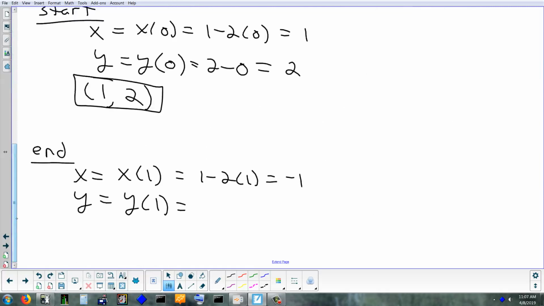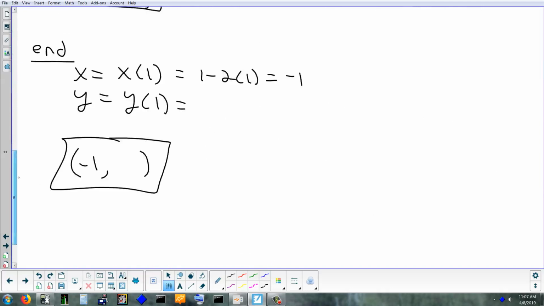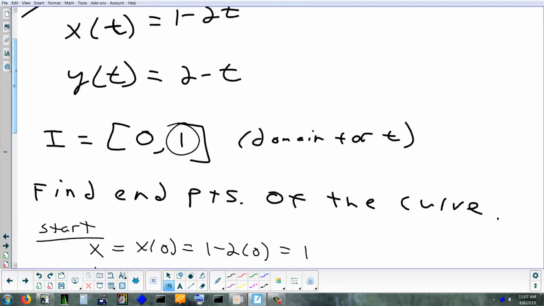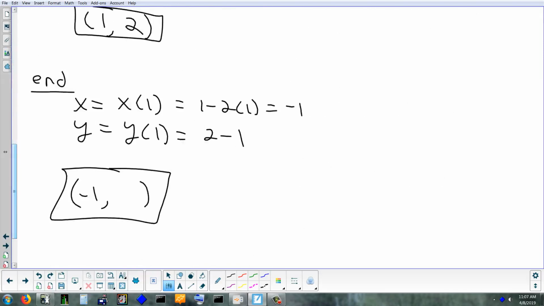Okay, so this graph is going to end at -1, comma. Now plug 1 into the y formula. 2 minus 1 is 1. 2 minus 1 is still 1, even on Monday. Okay, any question on that?